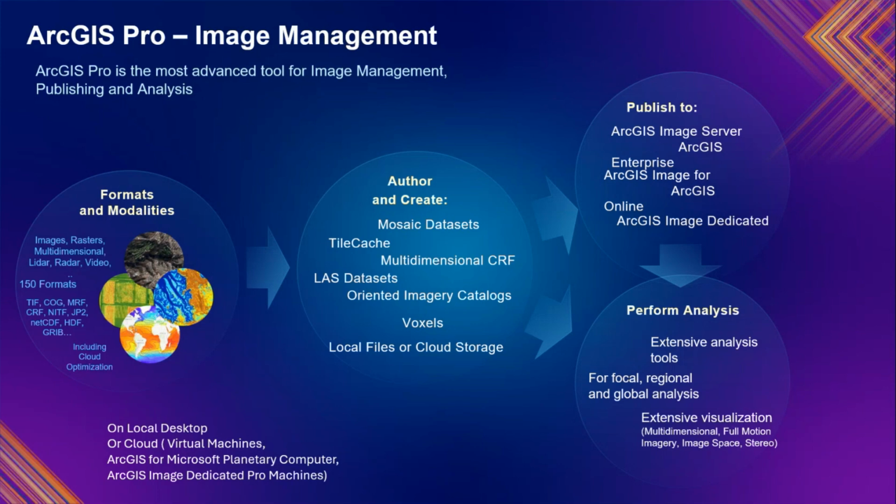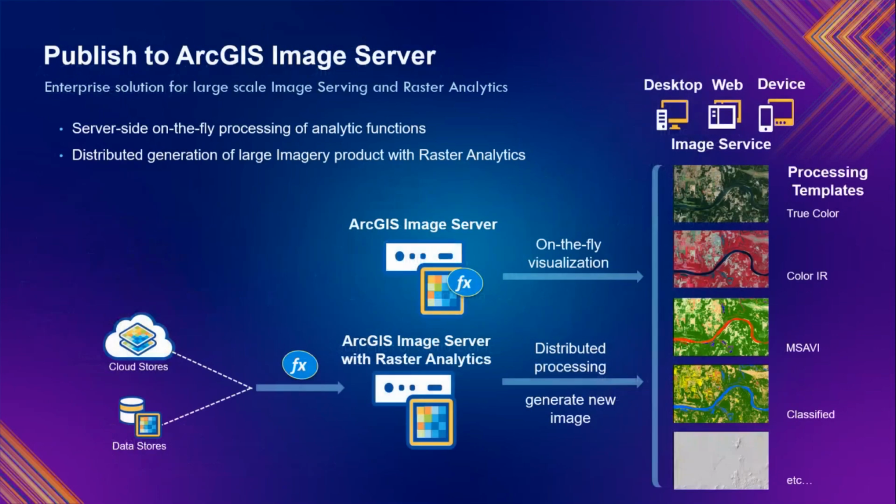And within ArcGIS Pro, you can also directly perform analysis. And we'll be talking a little bit about that a little later as well. So serving the data, we do that through ArcGIS Image Server. ArcGIS Image Server is basically a component of ArcGIS Enterprise.